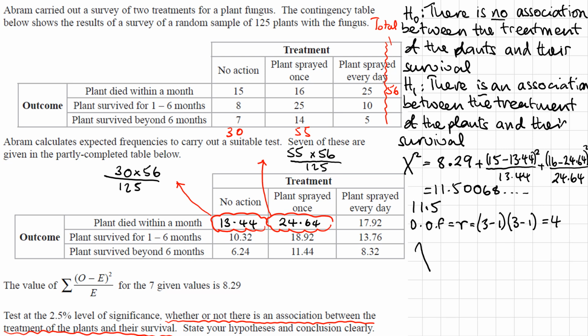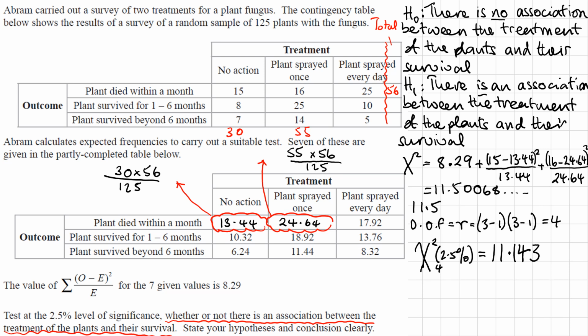I'll write down the 4 here. And it's a 2.5% level of significance. We'll use the table to see what the critical value is, and that gives 11.143.